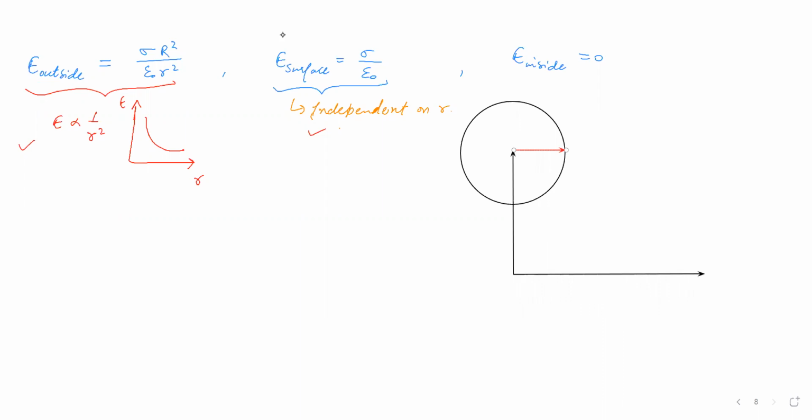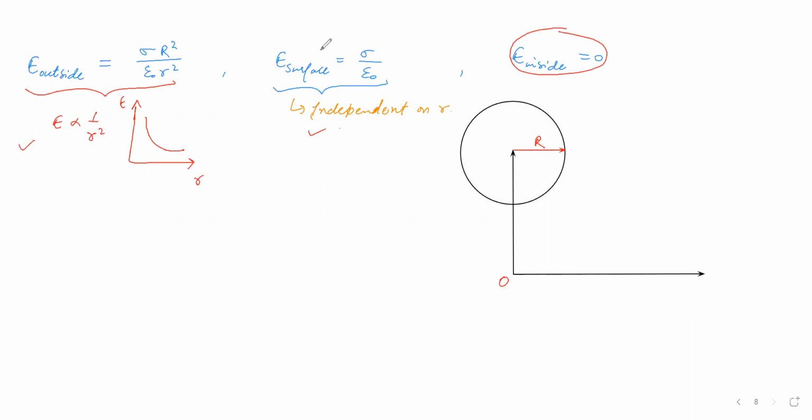This is your radius r. This is the position of O. And for E inside, there is no graph. There is nothing to discuss here for E inside.